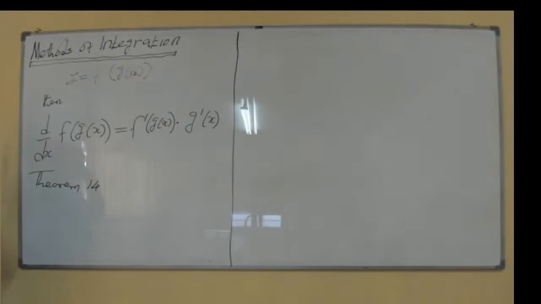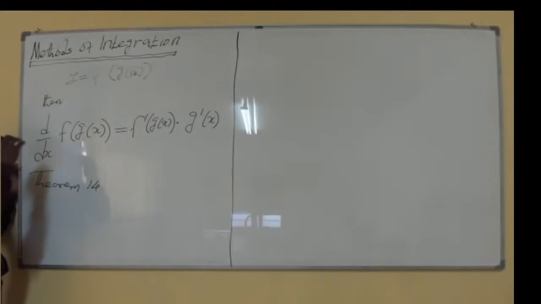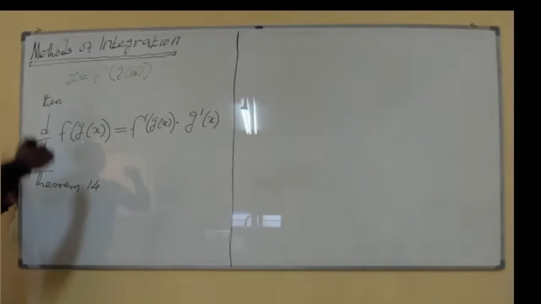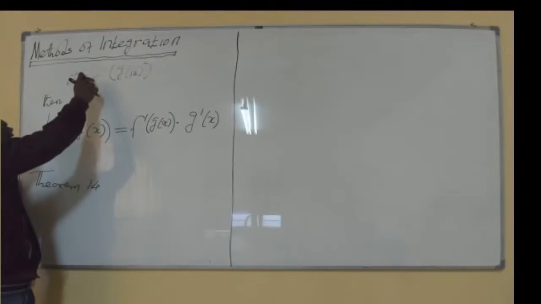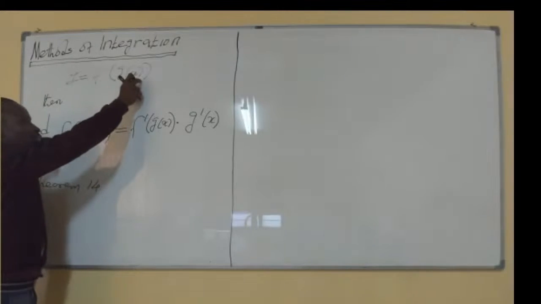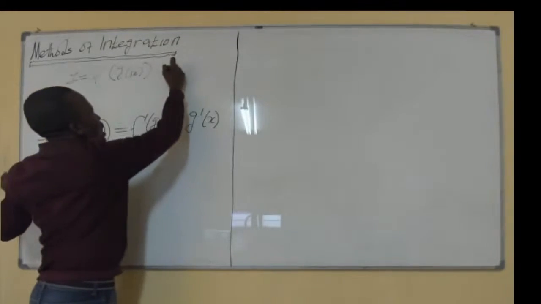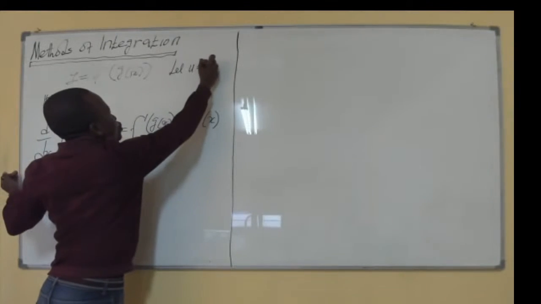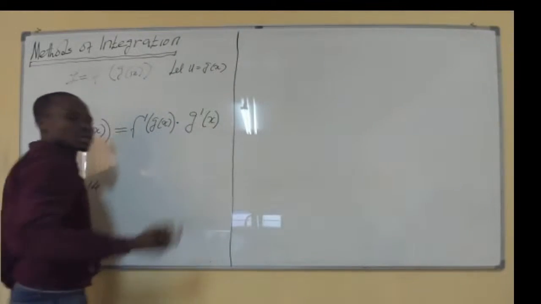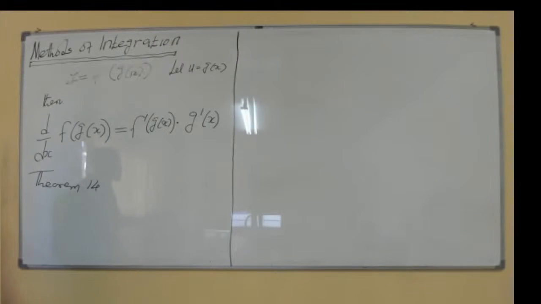What theorem number 14 says is that under the chain rule, if the function y is equal to f of g of x, what you were usually saying is, let u be equal to g of x. This is what you were frequently saying.